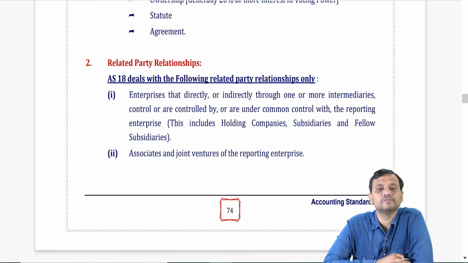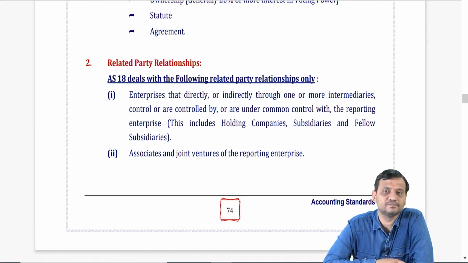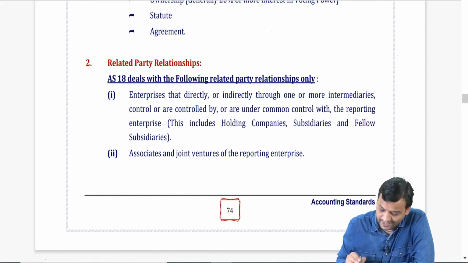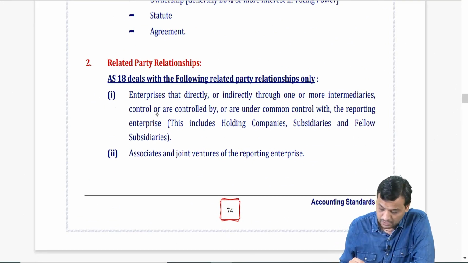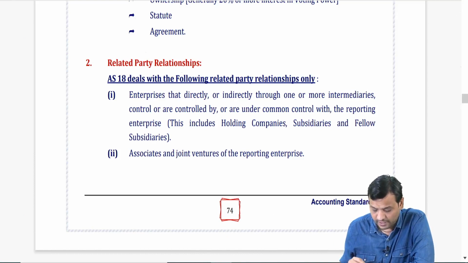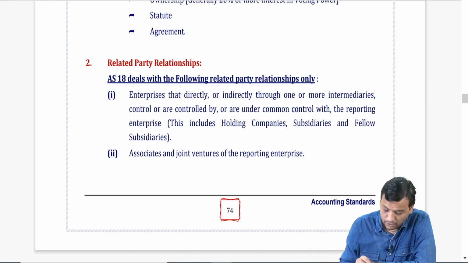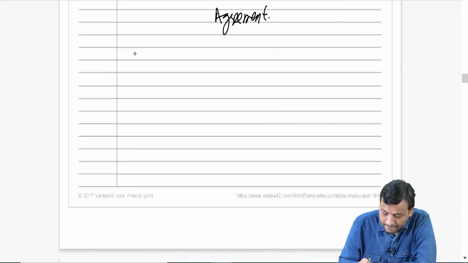Yeah, the first relationship. The entity is holding directly or indirectly through one or more intermediaries control, or is controlled by, or is under common control with the reporting enterprise. Means the whole relationship is with respect to control. Like, say for example, there is one company whom I will refer to as the reporting entity.